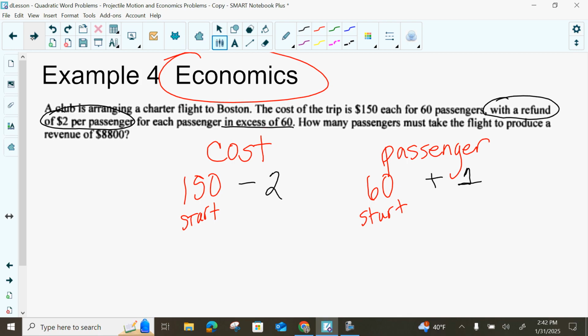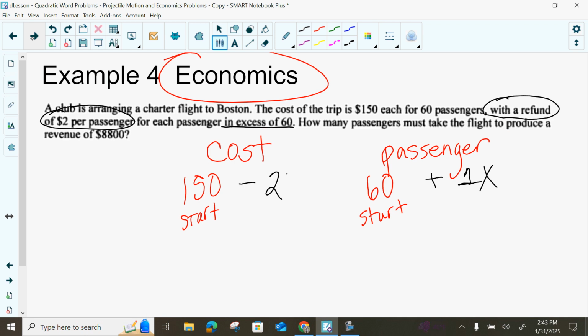Does that make sense in the way I set it up? Right? Where's the variable in here? Where should I be putting X? After the black numbers. Very good, right? Because I can have more than one person add.